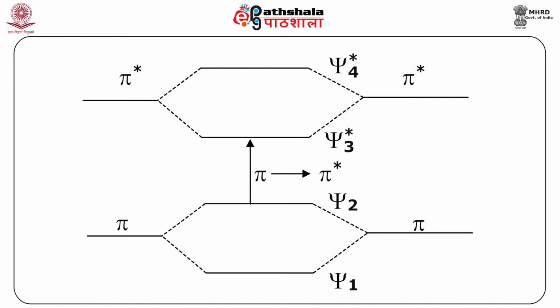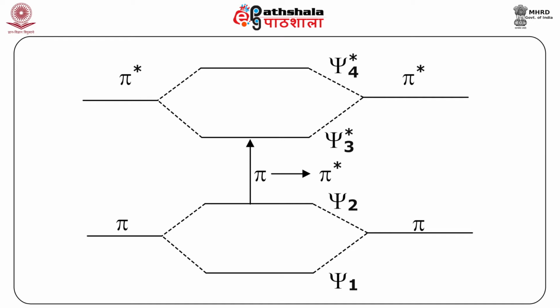But in the case of conjugated dienes, the pi molecular orbitals of the two separate C=C groups combine to form two new bonding molecular orbitals, which can be designated as psi1 and psi2, and two new anti-bonding molecular orbitals designated as psi3 star and psi4 star, as can be depicted in the figure clearly.